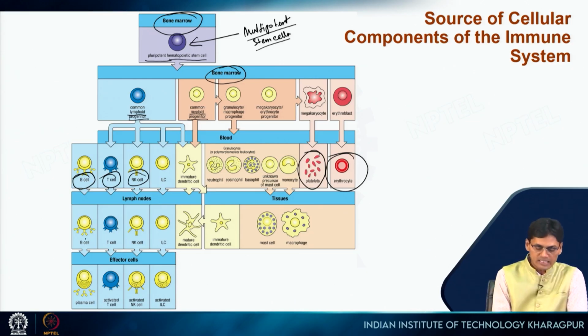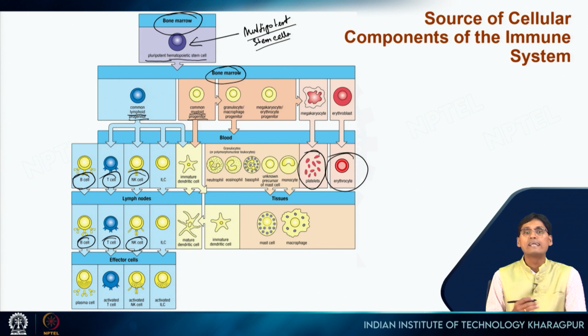Particularly this B cell, when it gets expanded, makes antibody, and is then called a plasma cell. That's why I mentioned this, so that we can discuss later B cell, T cell, NK cell and plasma cell. Those are the major immune cells.